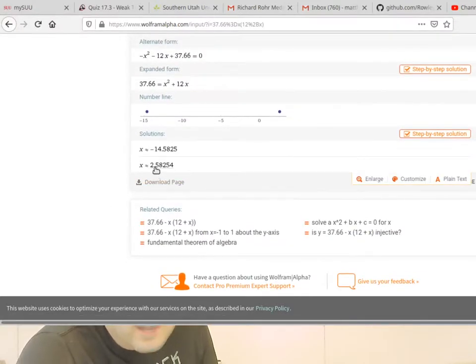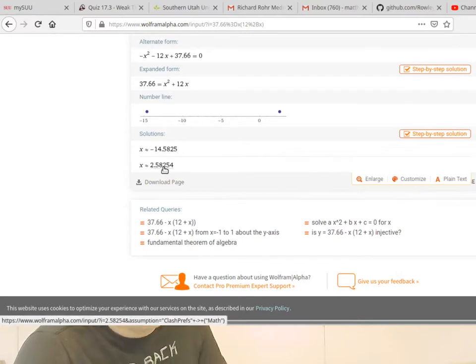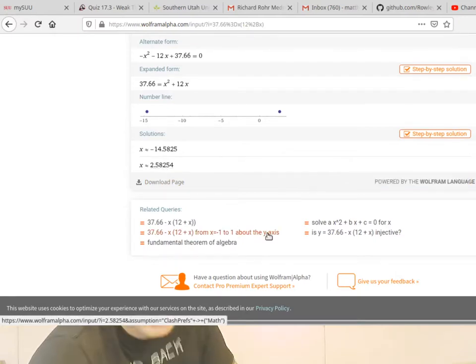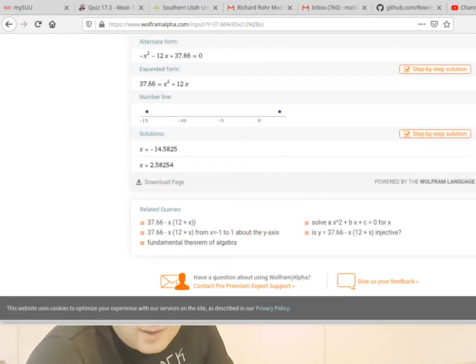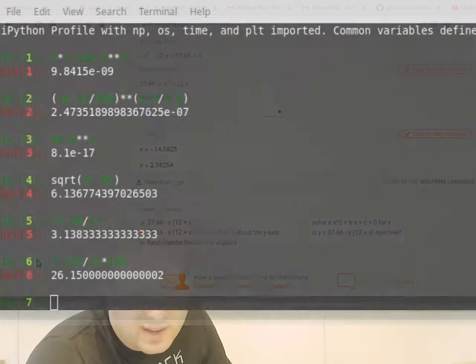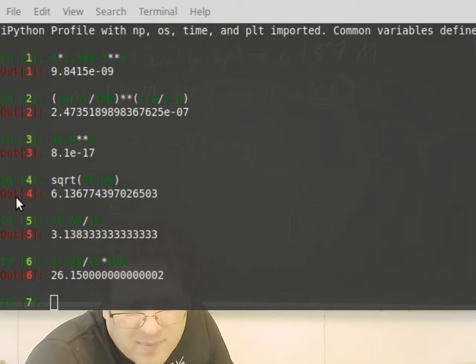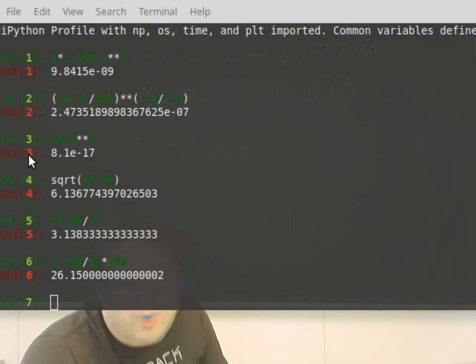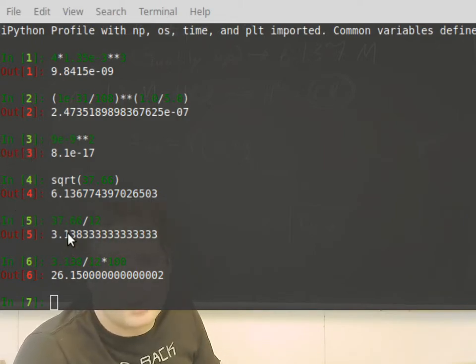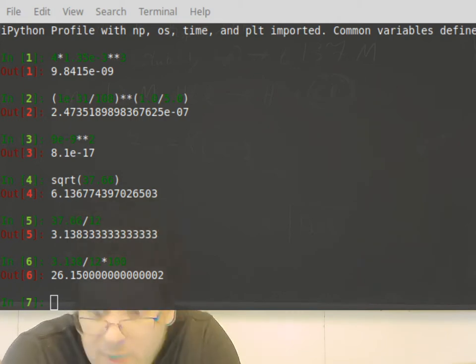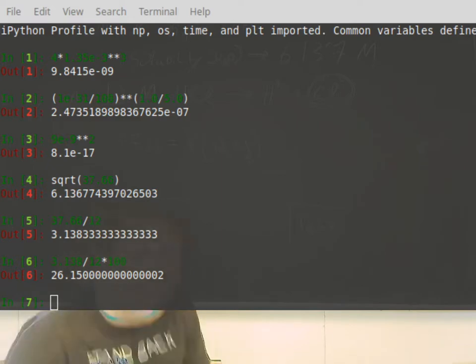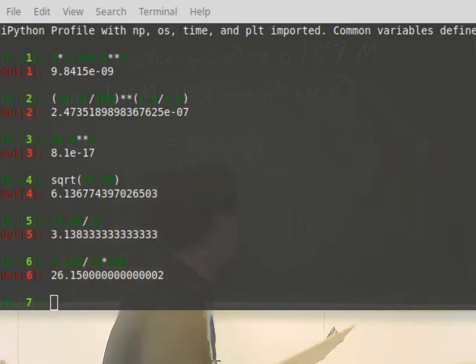And so we get a value of x equal to about 2.58. And if we go back and compare that to what we had before, 3.14, 2.58 is definitely different. It's definitely important that we did the quadratic formula there.